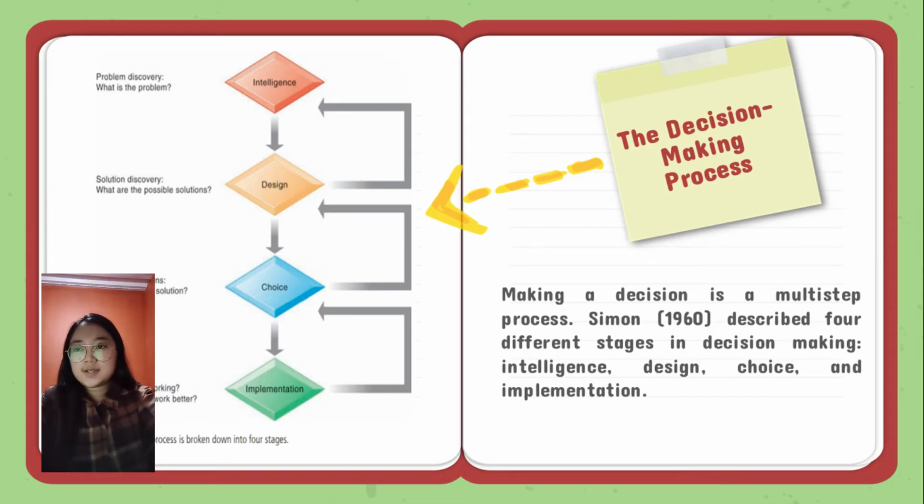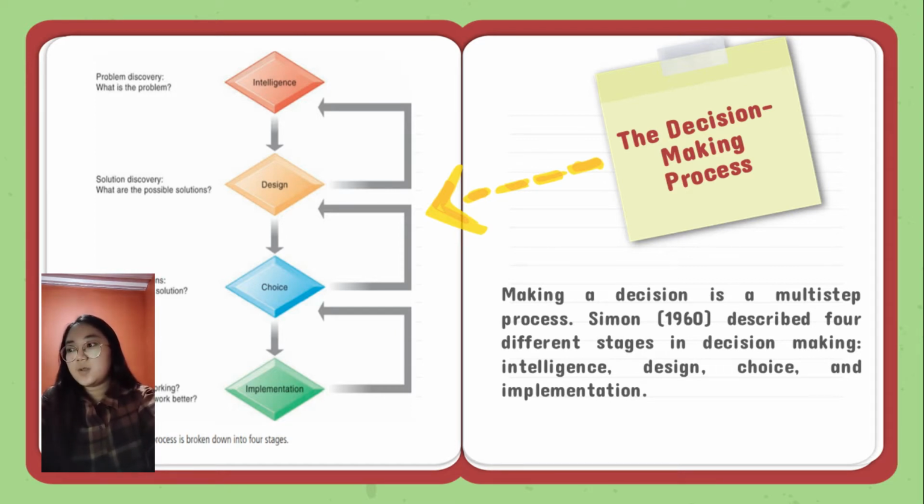As for the decision-making process, there are several processes that would lead to a decision. And how? The first one is implementation. It comes from the choice. Choice comes from the design, and design is from the intelligence. So first, we have to discover the problem. What is the problem? And then what are the possible solutions?